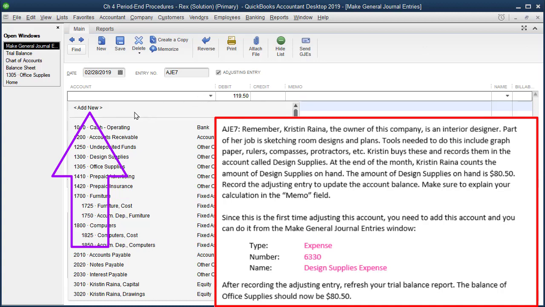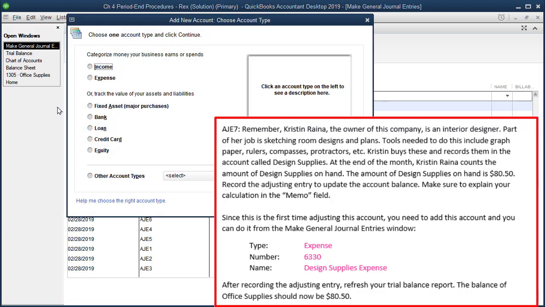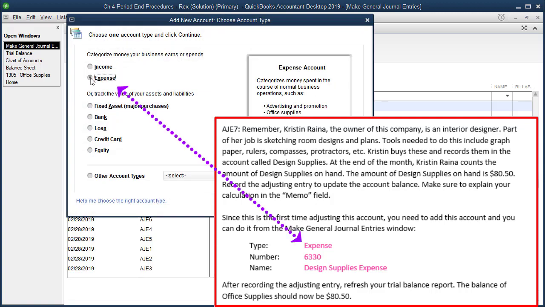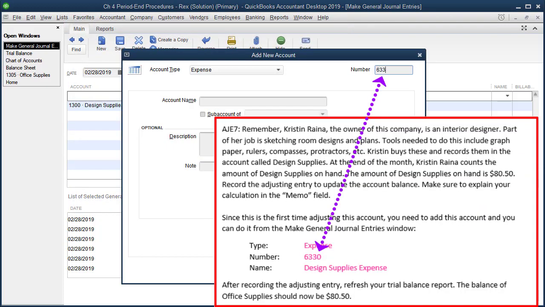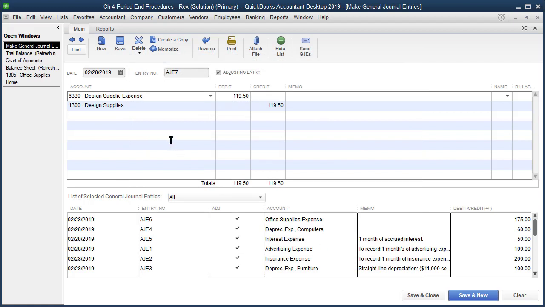So the way to add the account is you're going to click on Add New. Or you could just go to your chart of accounts. It's an expense. Click Continue. The account number is 6330. Design Supplies Expense. Click Save and Close.